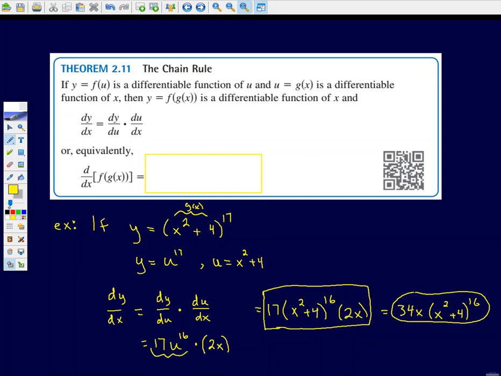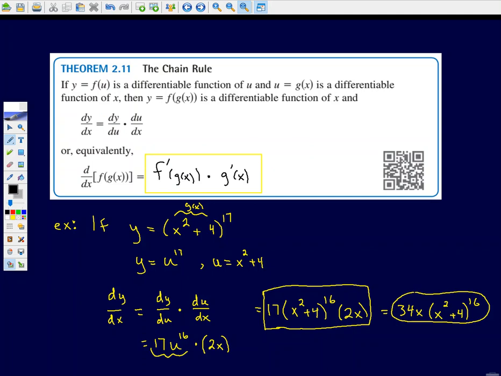So that would be considered in this statement the derivative of f, but not f prime of x. It's f prime of u, and u is a synonym for that inside function g. So this is really f prime of g of x. And then when I multiplied by du dx, that was the derivative of g. So f prime of g of x times g prime of x is an identical statement to the first version up there.